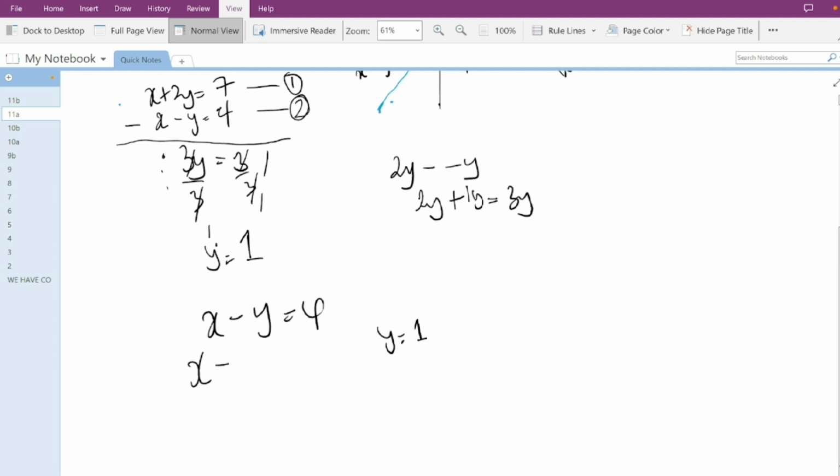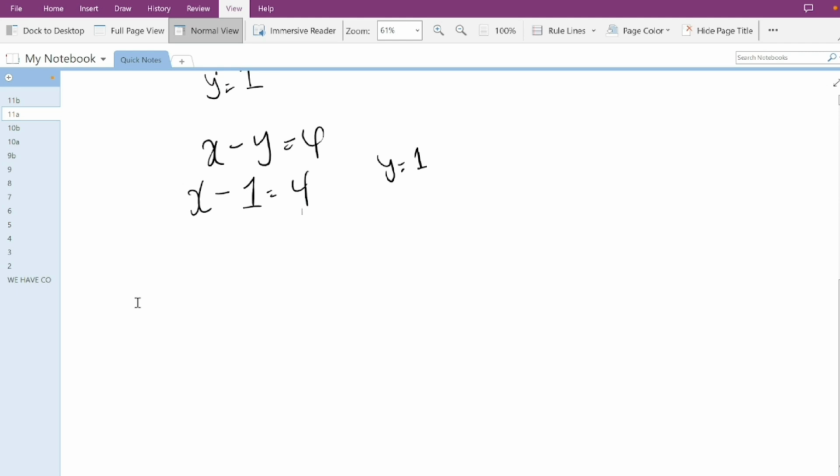So we have x minus 1 equals 4. Next we do x equals 4. We're looking for x, so we'll take this minus 1 over the equals sign to make sure x is on this side alone. So we have 4 plus 1. X equals 5. The value of our x is 5.